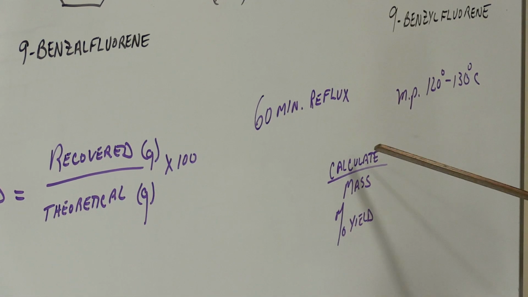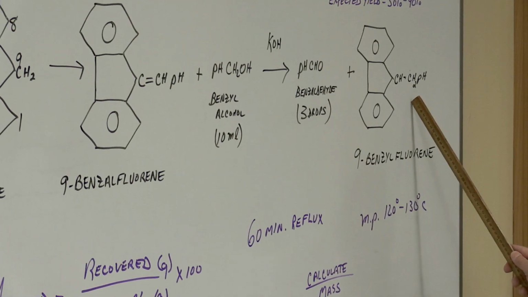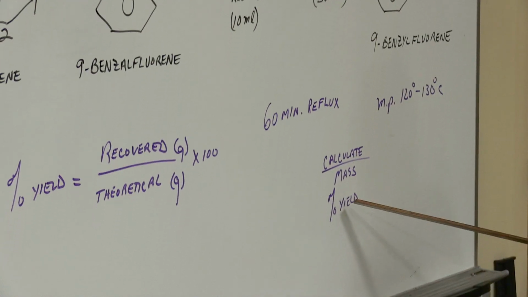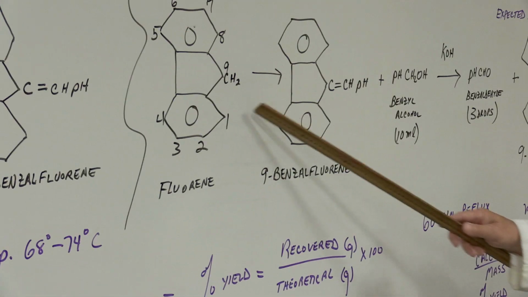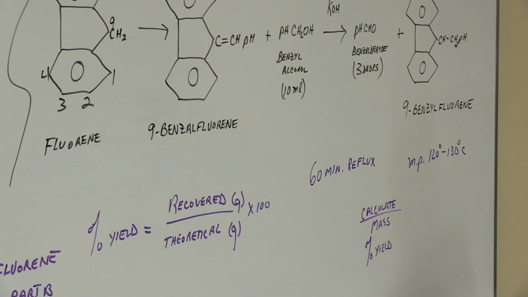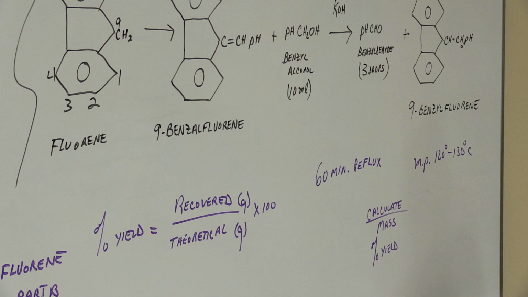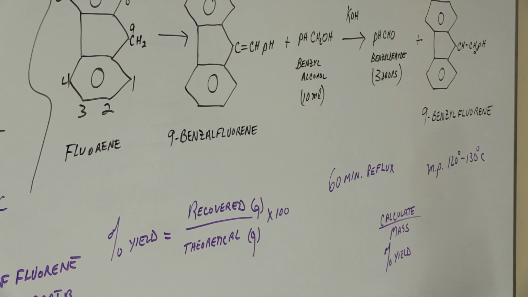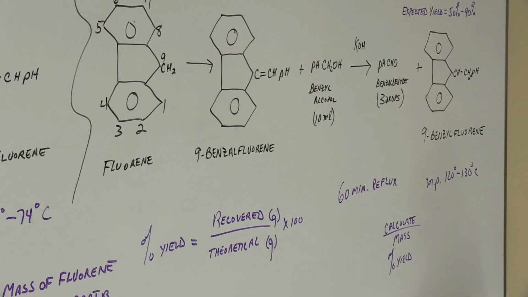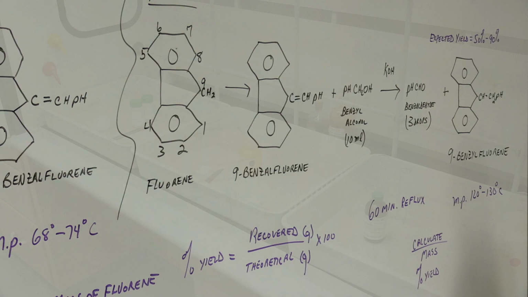And again, we're going to calculate the mass of product that we obtained, calculate the percent yield based upon the mass of the fluorene that we started with. So mass and percent yield. And then the formal report will be written with these processes in mind.